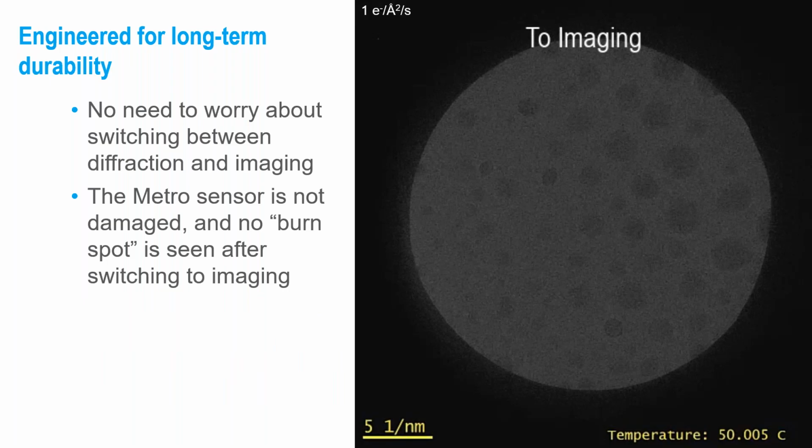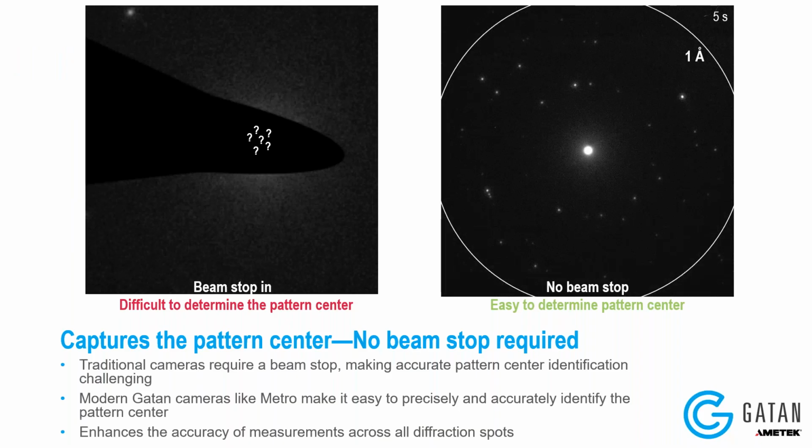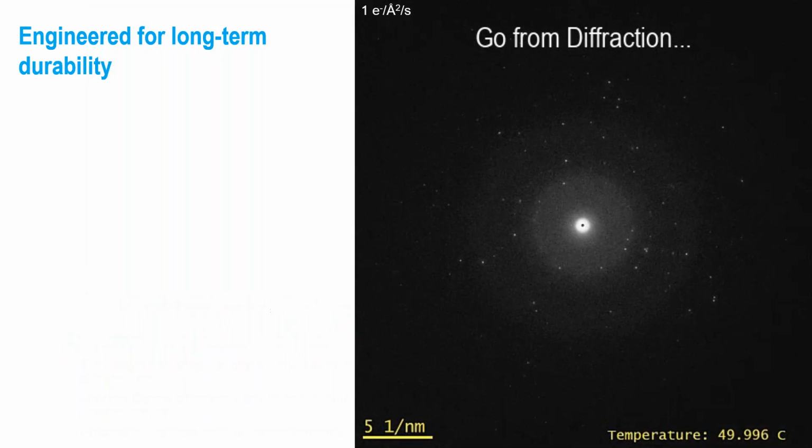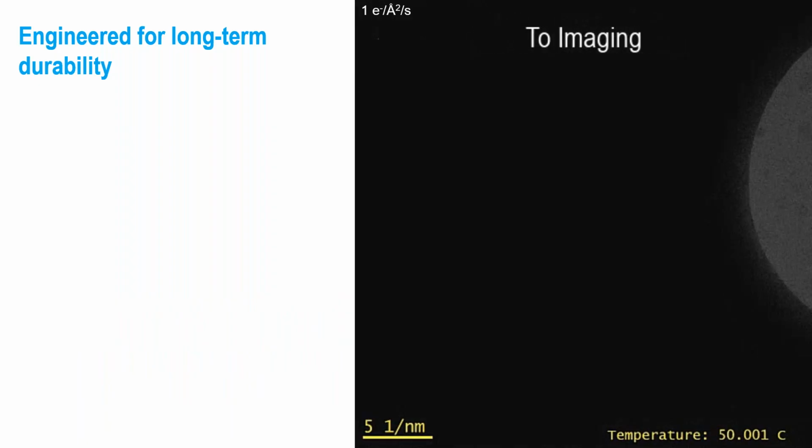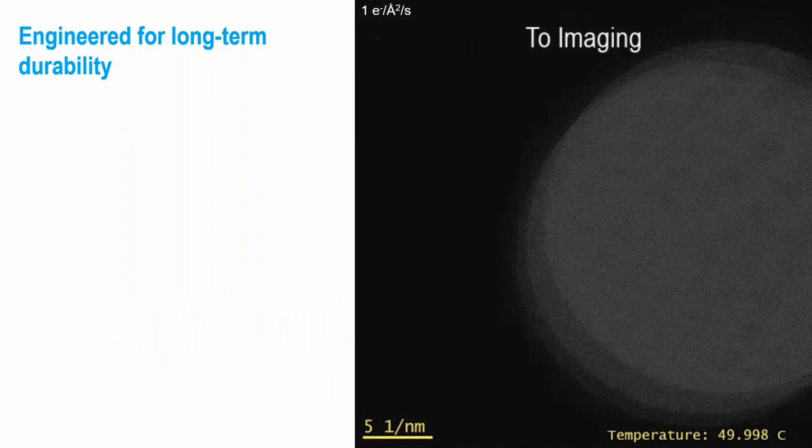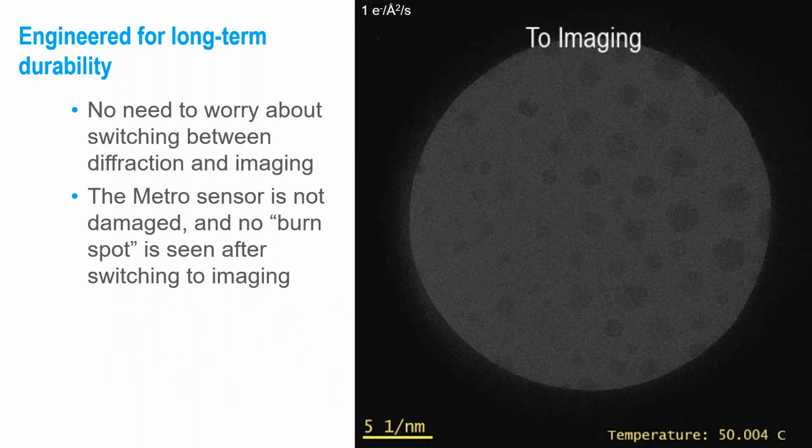And if I go back and play this video again, I want you to watch. I start the video in diffraction mode with the center spot right on the camera, and then I switch to imaging and put the beam right in the center. If the camera was being damaged, we would see a little burn spot in this image.